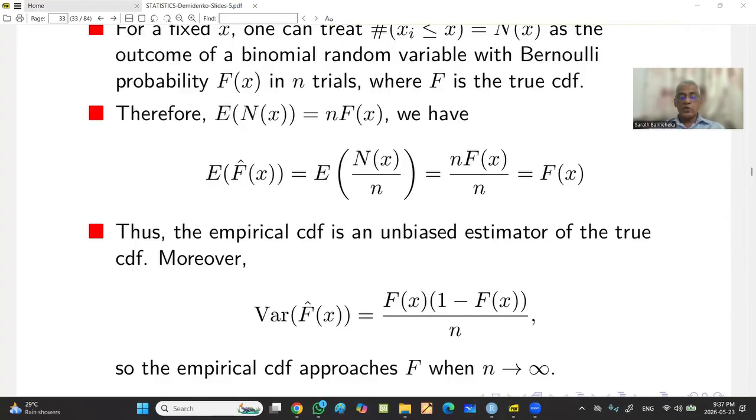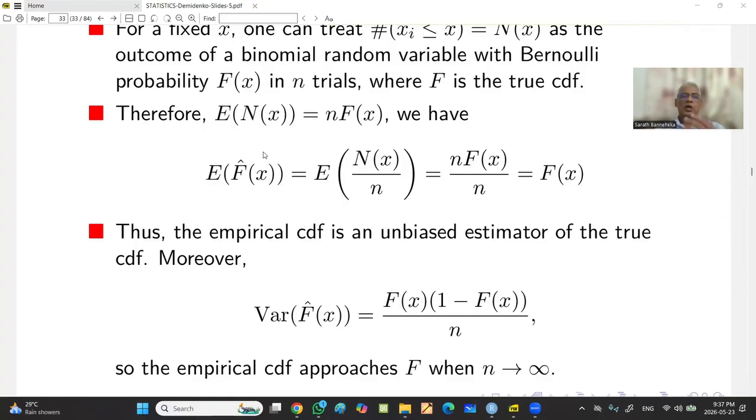Now, let me show you this using an illustration graphically, using some simulations. Let's look at the empirical cumulative distribution function of some known CDF, because I am going to assume that some random variable has a known distribution.